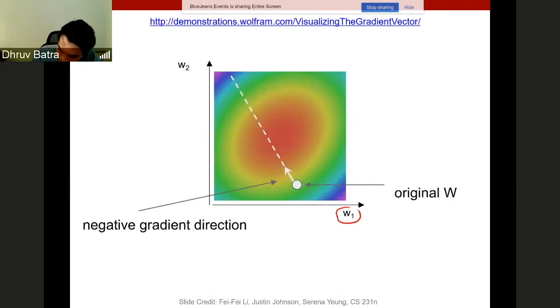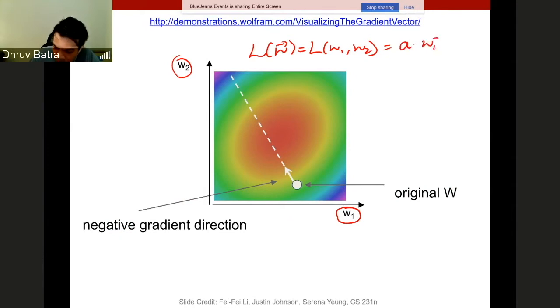This is a two-dimensional function, w1 and w2. Those are the two axes. What I'm plotting is L of w, which is L of w1 comma w2. Let's, for simplicity, assume it's something like a constant a times w1 squared plus b times w2 squared plus c times w1 w2. It's just some quadratic. That's what I'm plotting.